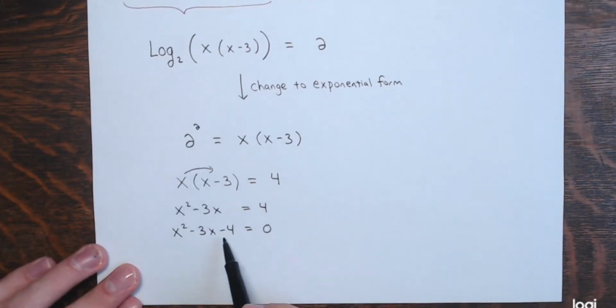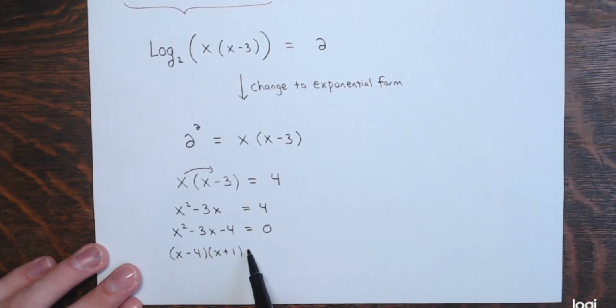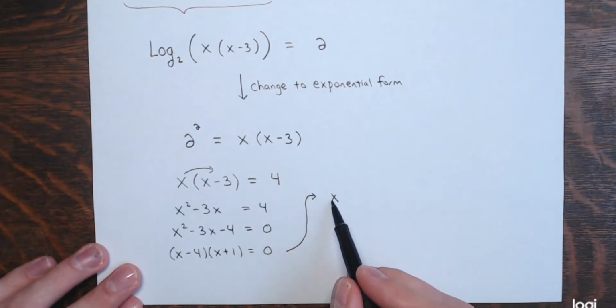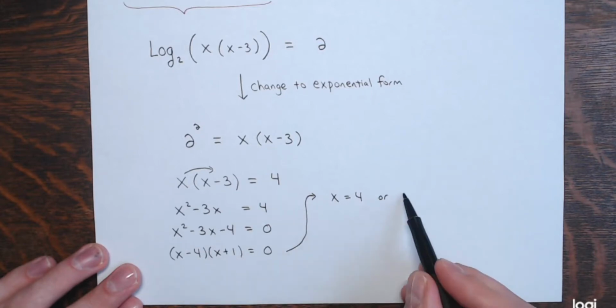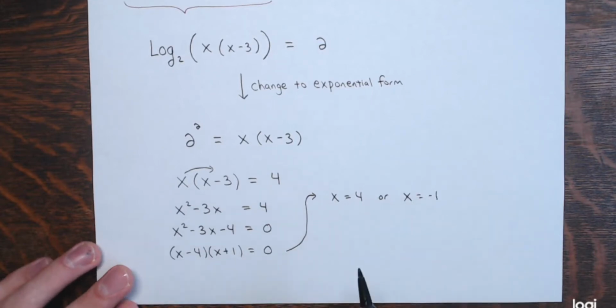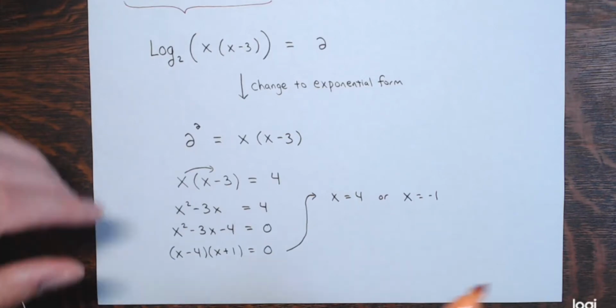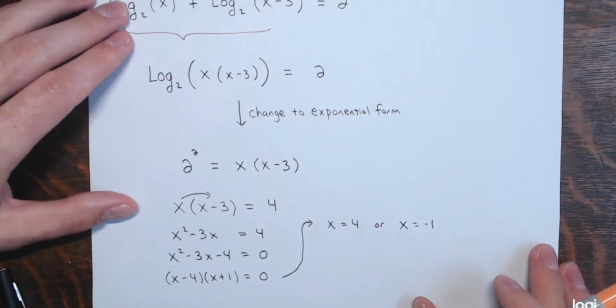This one's again easily factorable. Factors to x minus 4 times x plus 1. And so my possible solutions are positive 4 or negative 1. But don't forget to check back in the original equation.